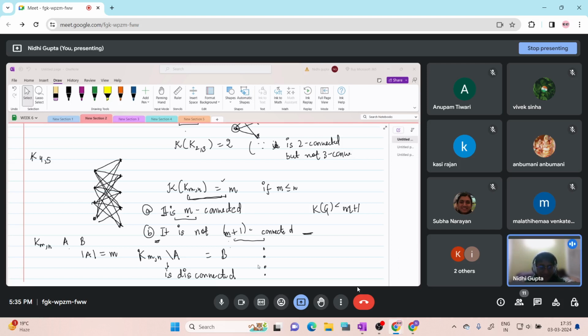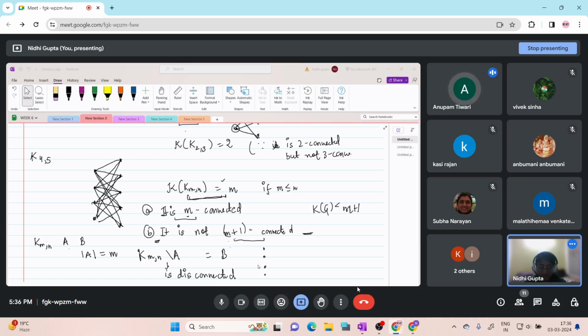You have to check for every set S of M minus 1 vertices, and then G minus S should remain connected.